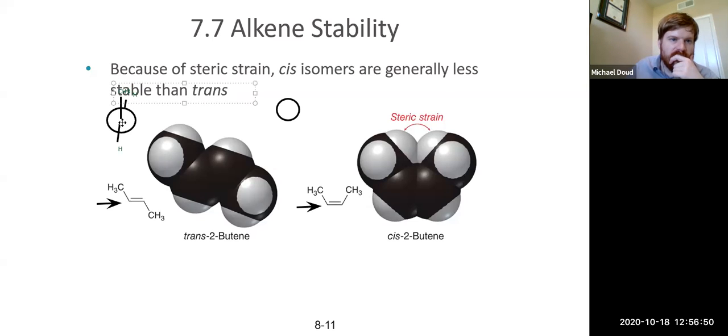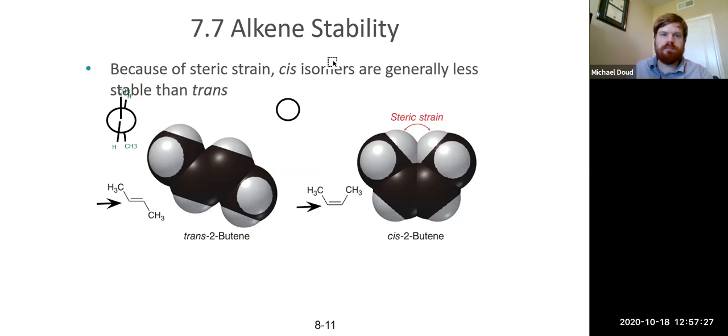Let me just move these over. Sorry, I should have done this a little bit better, but I hope you can tell the CH3 is on the front carbon, H is on the back carbon here. And so you have an H eclipsed interaction or pseudo-eclipsed interaction, as it were. And then for the back carbon down here, we have this methyl group in the back. So in both of these cases, we have the CH3 groups clashing with the hydrogen.